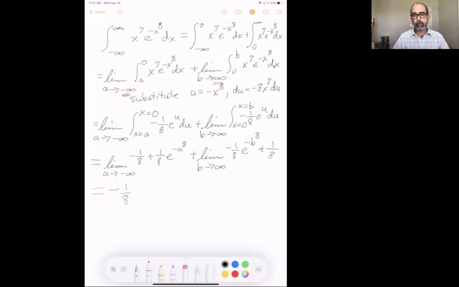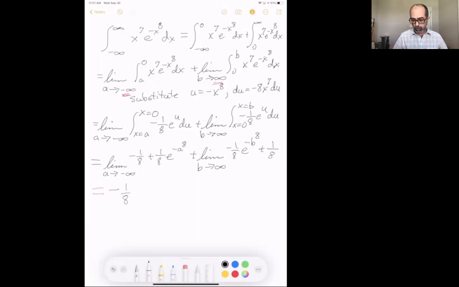The key here is that you notice a is to the 8th power. So even though a is going to negative infinity, it is still a negative, but because it's an even power, we know a to the 8th is always going to be a positive value. So a negative of a positive means overall the exponent is going to be a negative value.